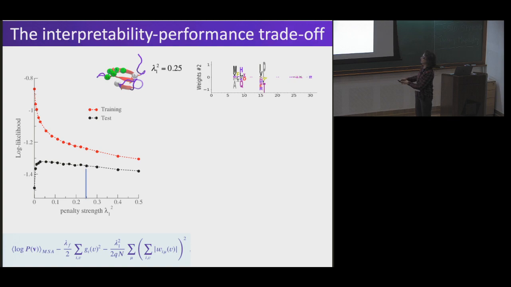So here at the beginning, you are overfitting your data, and at the end, for example, in this case, we see that the penalty strength is too large, but here you obtain a good log likelihood on the test sets with a minimal possible value of this penalty strength.